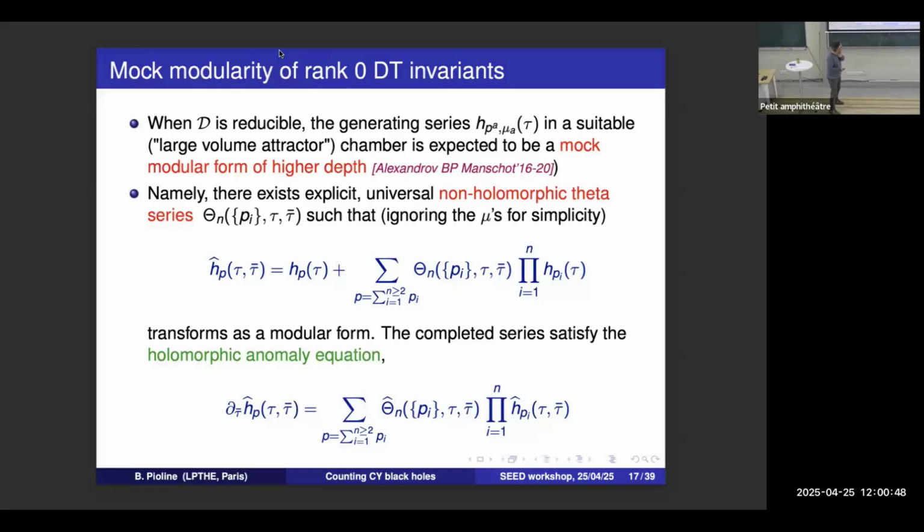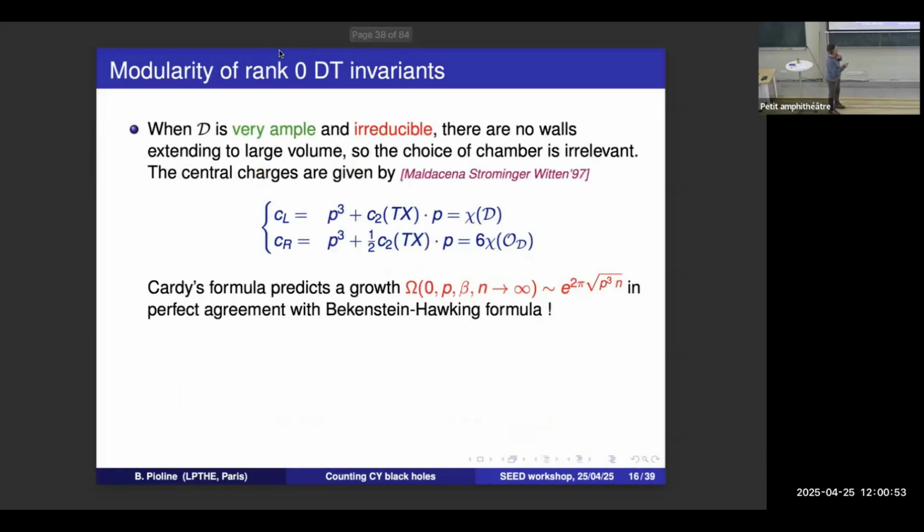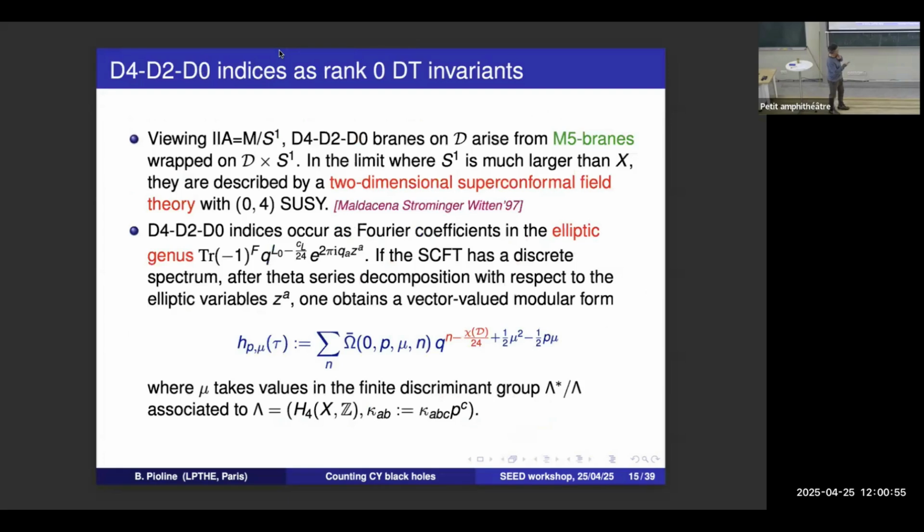Actually, I went a bit too fast here because I did not comment on this issue of vector value. I said it, but I did not emphasize it. So here, there are two indices. One is determining the 4-cycle that's fixed.